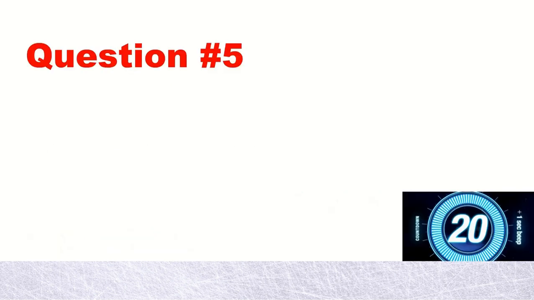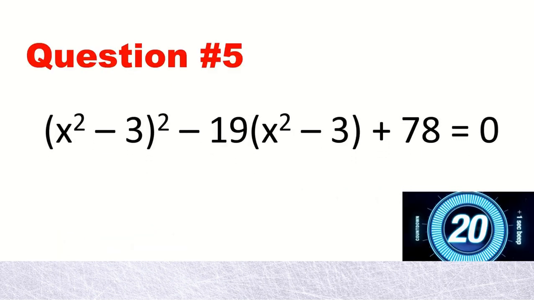Question number 5. Given the quantity of x squared minus 3 squared minus 19 times the quantity of x squared minus 3 plus 78 equals 0.